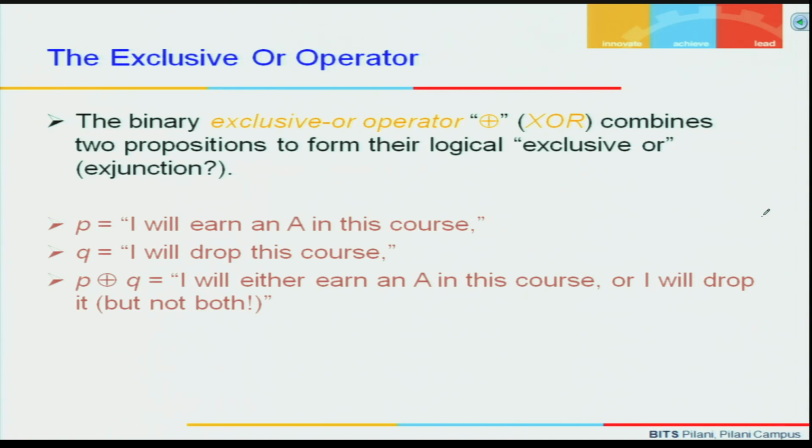Suppose you have two propositions P and Q, where P is I will earn an A in this course, and Q is I will drop this course. Then the exclusive OR operator is defined to mean I will either earn an A in this course or I will drop it, but not both. I don't do both.